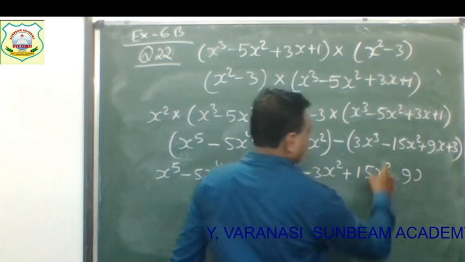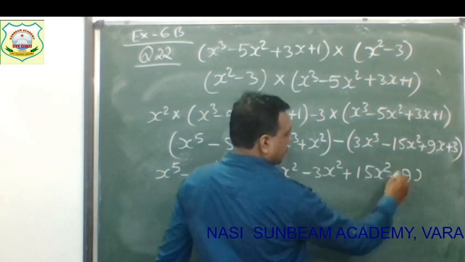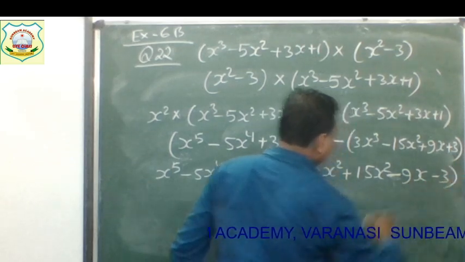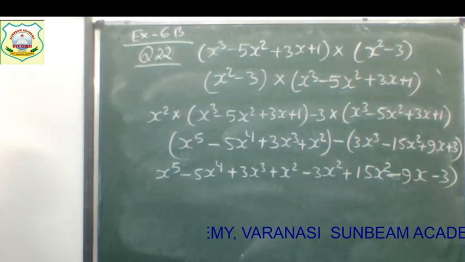Here should be what? Minus is here, plus then minus, and again minus 3. Clear students?